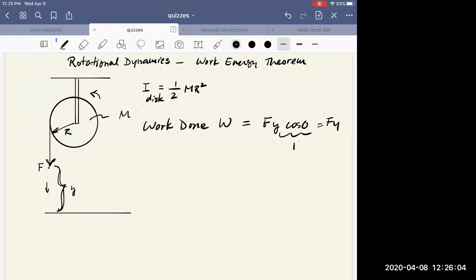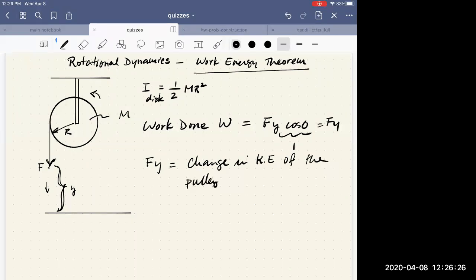So at this point, we are going to use, as I said, work energy theorem. So therefore, F times y is going to be equal to the change in kinetic energy of the wheel, or of the pulley, or disk, as you want to call it.